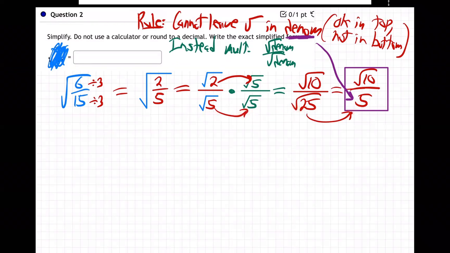We still have a root in the top, and that's fine. You can't root 10, so that root just stays on the top. But you can root 25. It does that, and then it vanishes. Remember, whenever a square root roots something, it does its job and it leaves. So square root of 25 is 5. And so there's our answer.